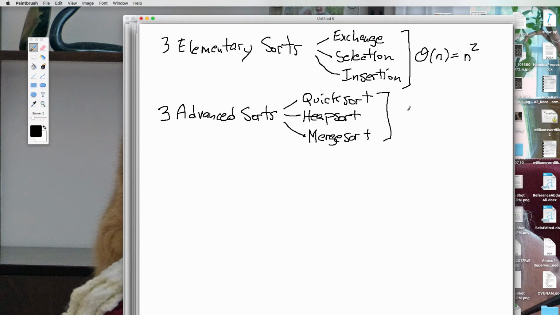These are characterized by the fact that big O of n is equal to n log n. And I think you can see that as n gets very large, this is a significant improvement over n squared. So today's lecture is about MergeSort.